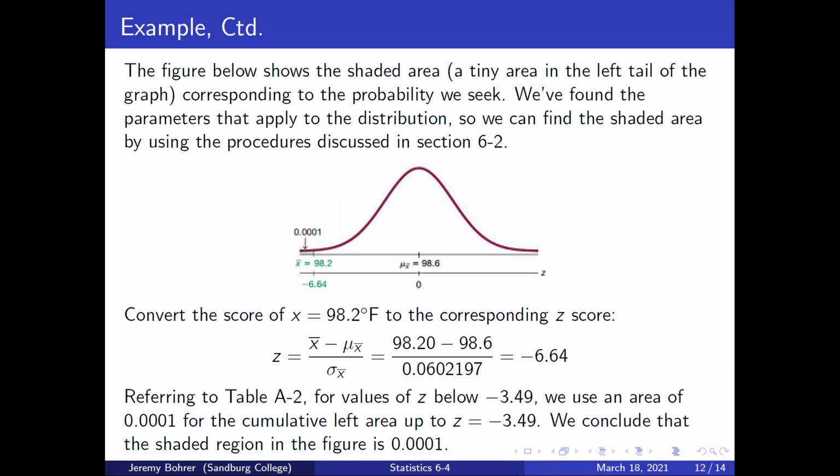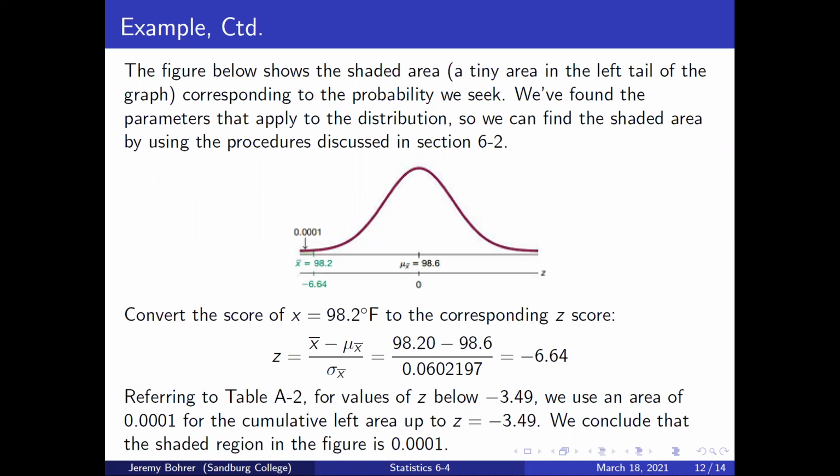We convert the score of x bar equals 98.2 degrees Fahrenheit to the corresponding z-score. Z equals x bar minus mu sub x bar over sigma sub x bar, which is equal to 98.20 minus 98.6 over 0.0602197, which is equal to negative 6.64.